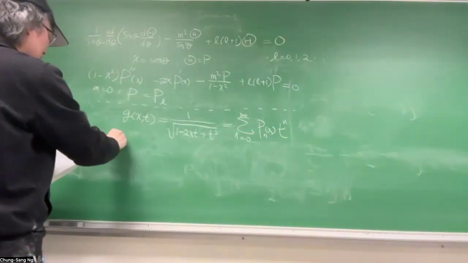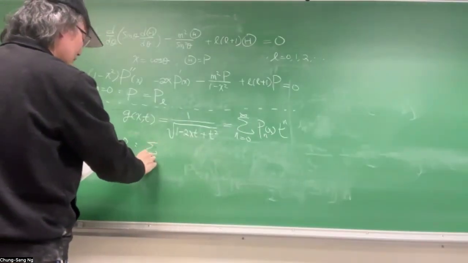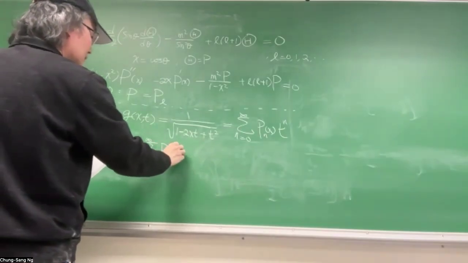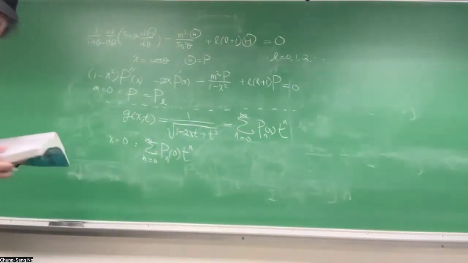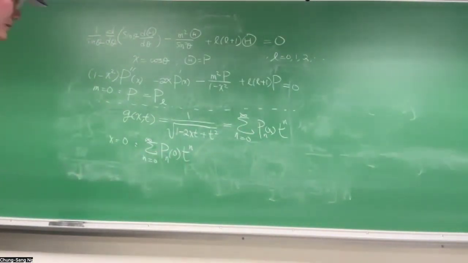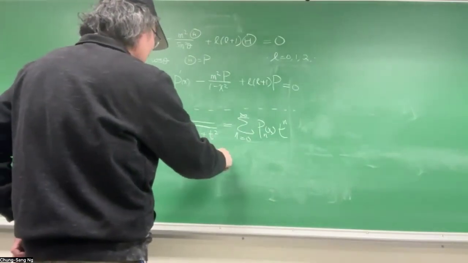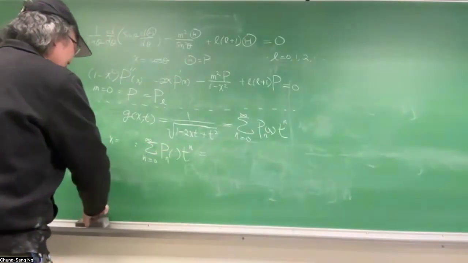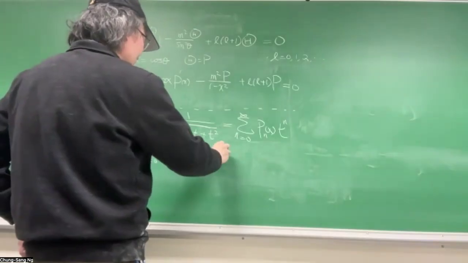For x equals 0, P sub n is 0 for odd n, but the coefficient becomes a constant. Not 0, I should say, x equals 1. 0 is difficult, x equals 1 is much easier.